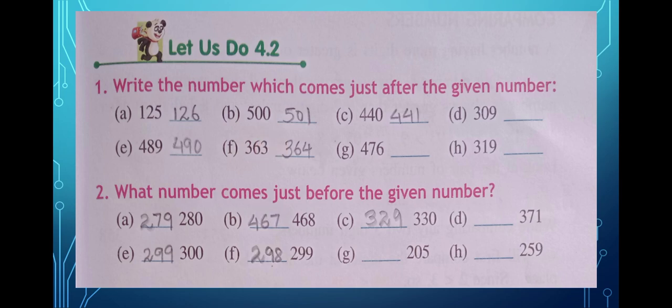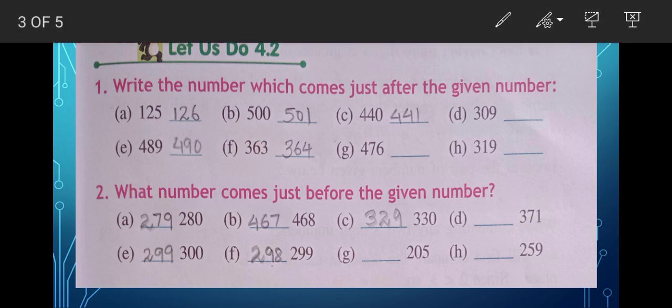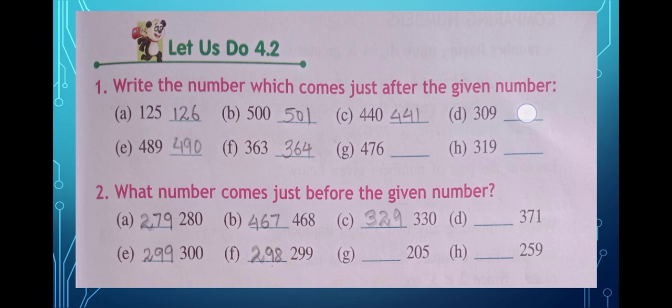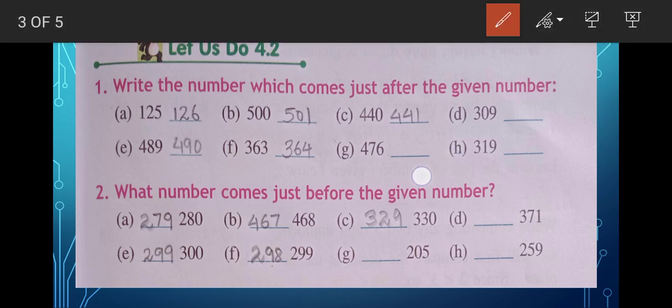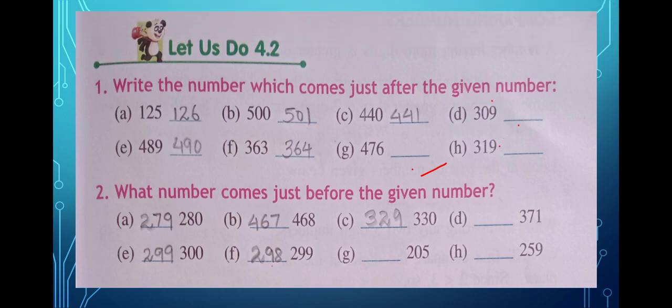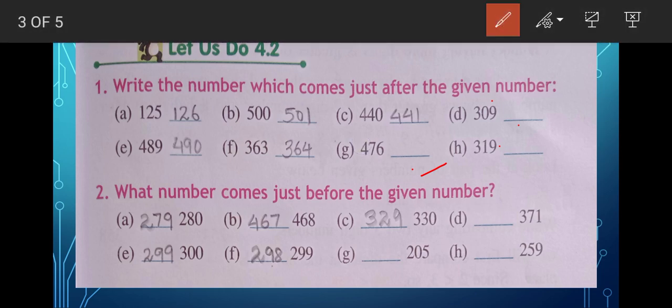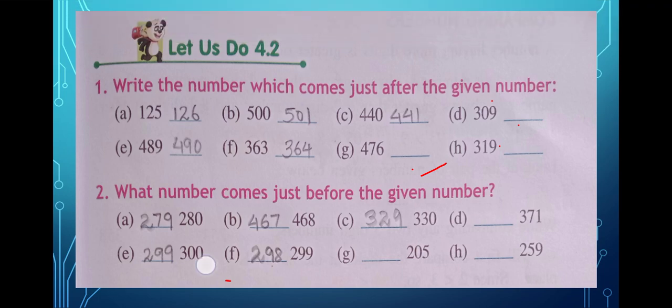So whatever answers I have given, you will write them in the copy, and what I have not done, those you will do in the textbook. And the numbers which I have done, those you will write in the copy also. Here also, what comes before is the same as before. I have told you in the explanation, that is, you have to minus 1, right?